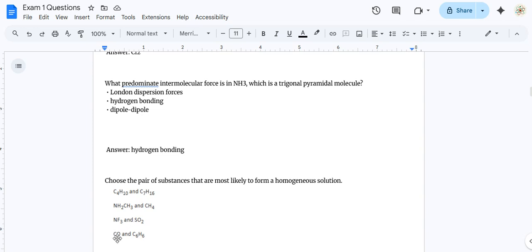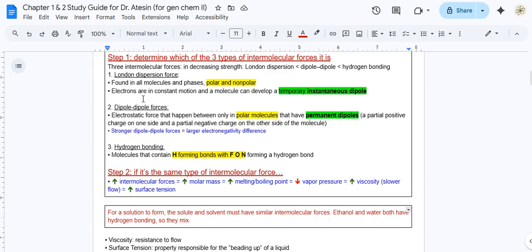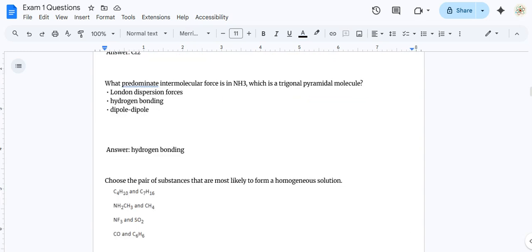CO is a polar molecule, so CO is dipole-dipole, and this is again a hydrocarbon, so it's London dispersion. So both of these are only London dispersion, and both of these are only dipole-dipole.